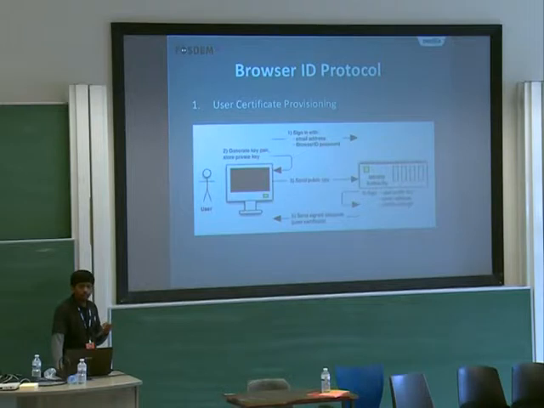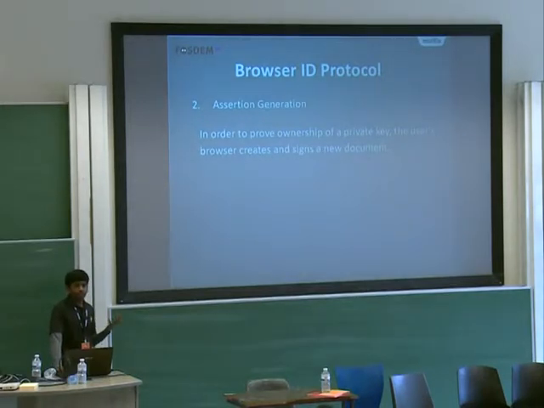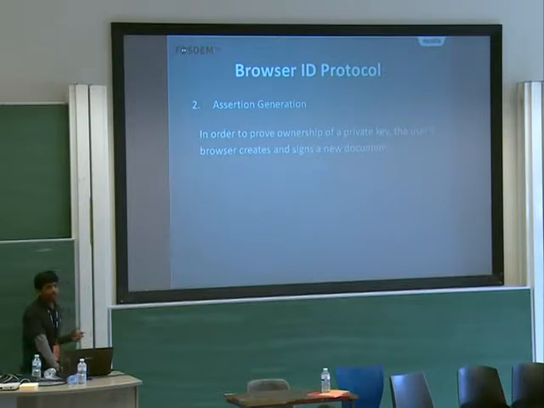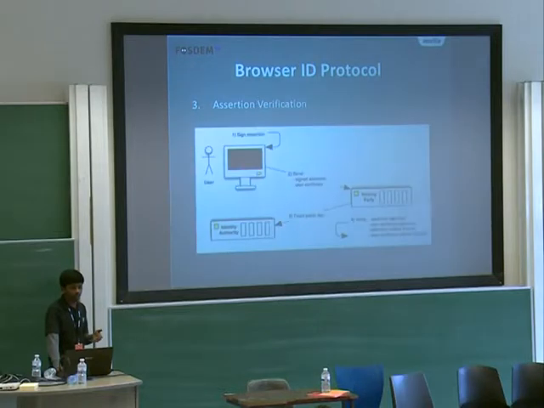Then they sign the public key and email ID, issue a certificate with a validity interval, and send that certificate back to the user. After it is received by the user, it has to prove the ownership. So the user's browser writes an assertion in which its email ID, key and other details are present, and that assertion is sent to the relying party with the user certificate, and then it's validated.